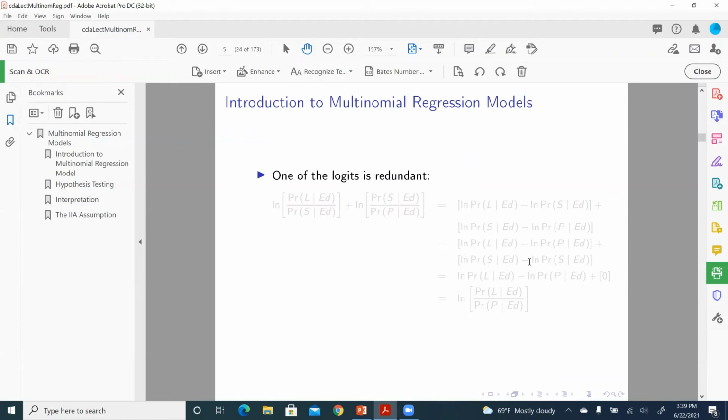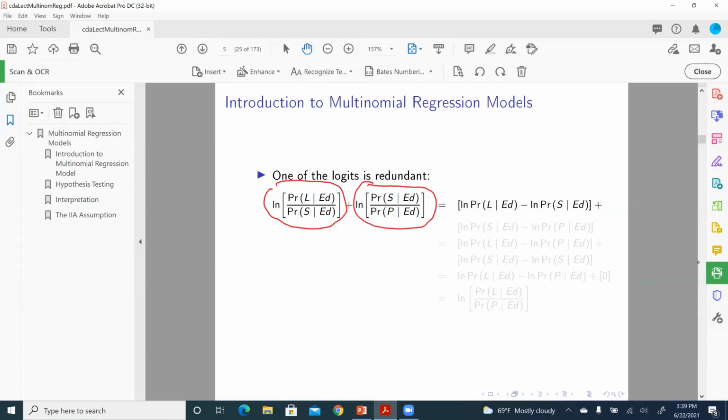Here is another feature of multinomial logit models. That is, we can always derive log of odds and its corresponding regression coefficients from other odds comparisons. So here's an example, right? This is the first log of odds, and this is the second log of odds.